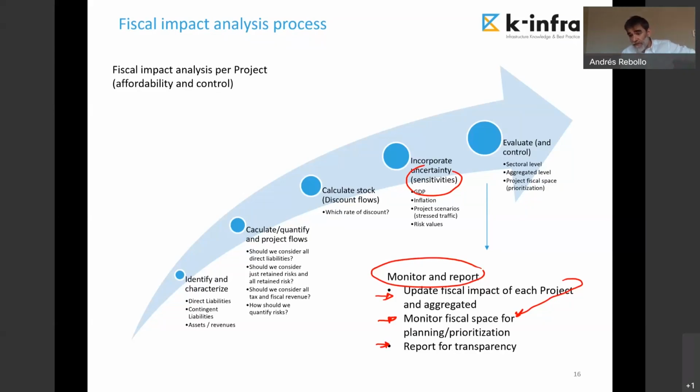The financing of those projects, that infrastructure, is already under the radar of the conventional public debt monitoring, or the monitoring of the maximum deficit per year.